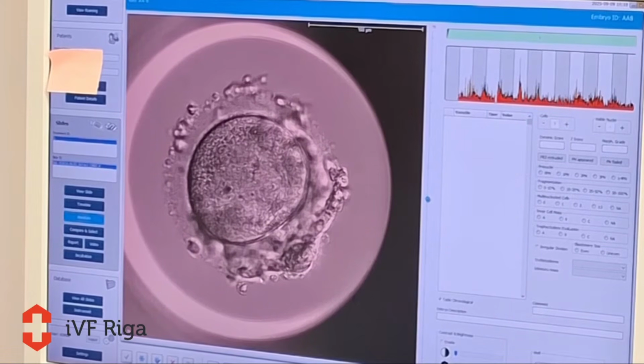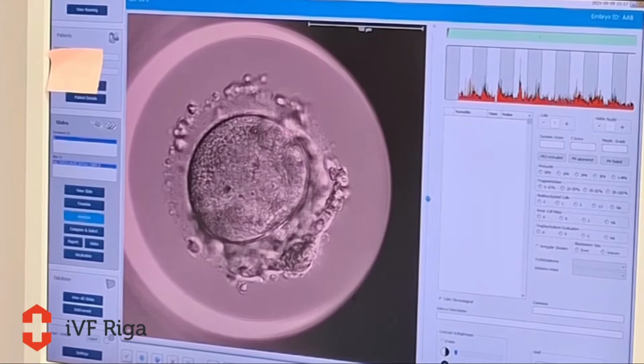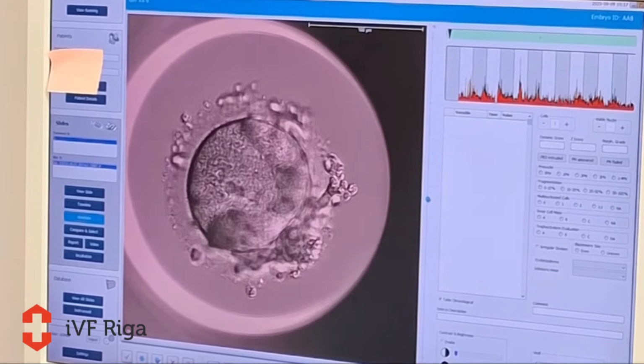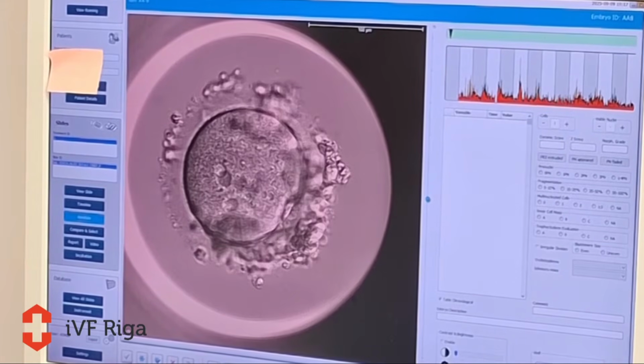Of course, the start of the process is the same. The oocyte, which was retrieved from the woman, is prepared, and 4 hours after the pickup the fertilization happens with the ICSI method, and the fertilized egg is put into the incubator for future development. We can see that, first of all, the oocyte has an abnormal form.